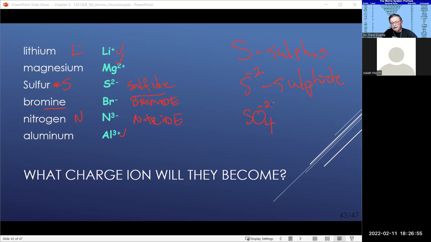It also has a -2. And guess what its name is? Sulfate. Okay. And that's when it's combined with 4 oxygens. When it's combined with only 3 oxygens, it still has a -2 charge. It becomes sulfite. Now, if you look at the periodic table, you'll see a little table on the left side that deals with polyatomic ions. You'll find those 2 in there, okay?